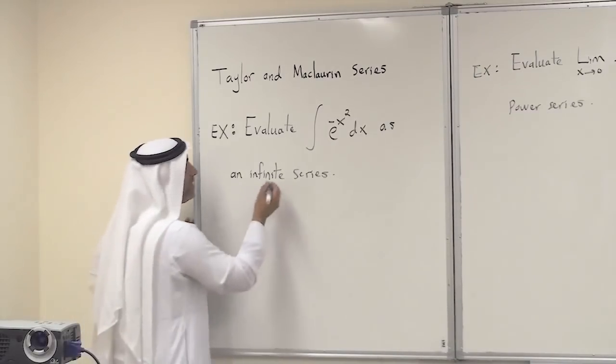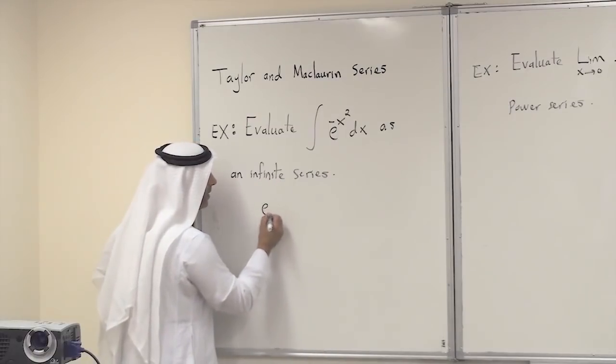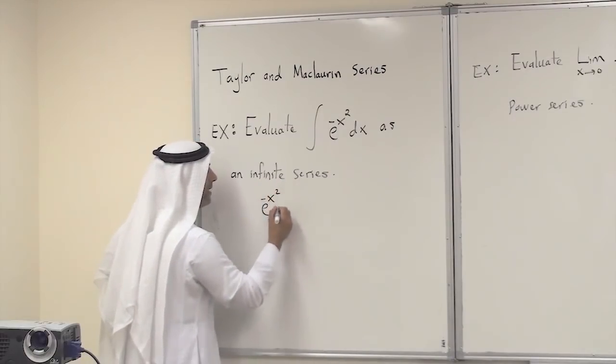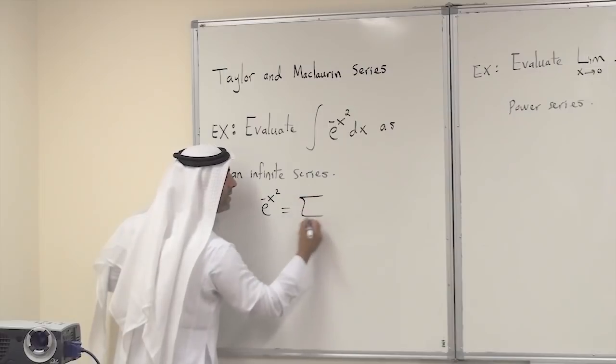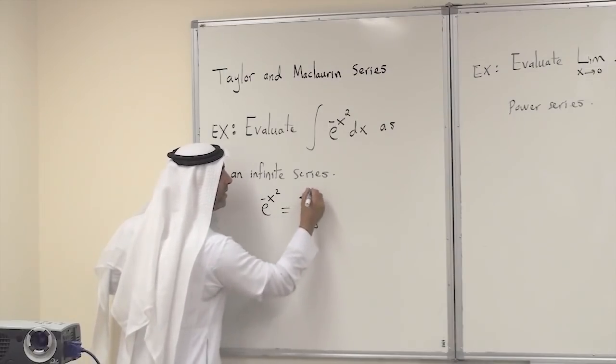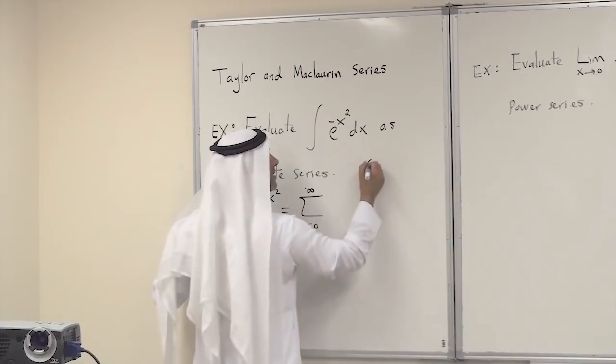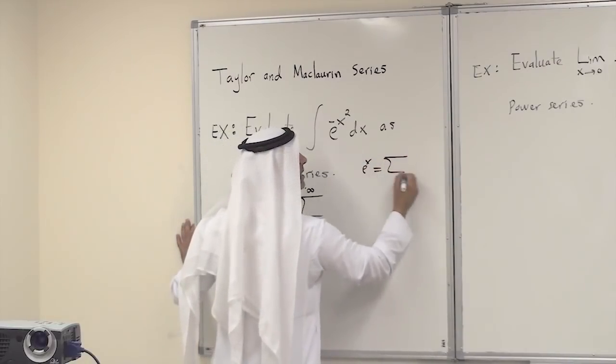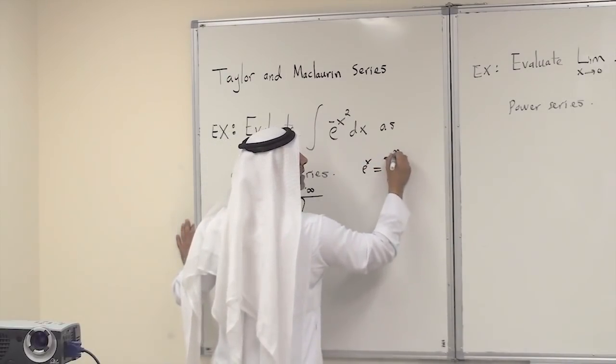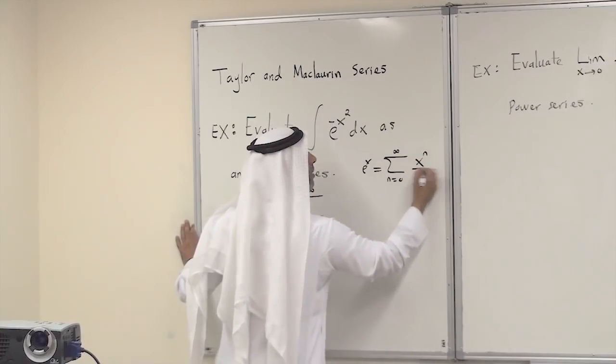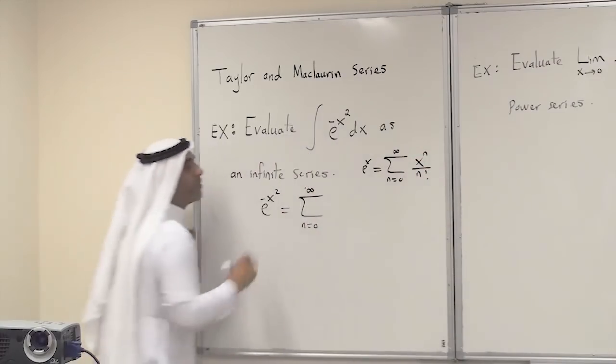Okay, so what is e to the power minus x squared? We can rewrite it as the sum from n equal to 0 up to infinity. You remember we have e to the x: the sum from n equal to 0 up to infinity of x to the power n over n factorial. This is what we derived.